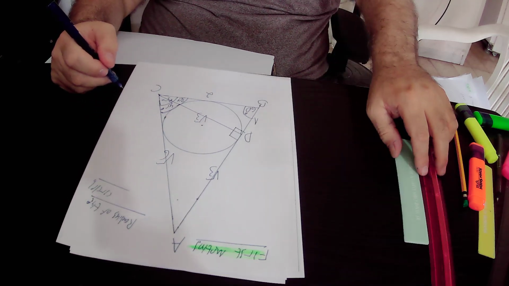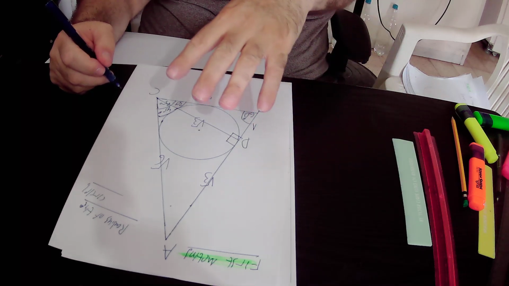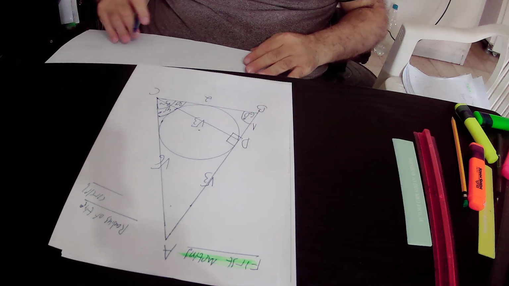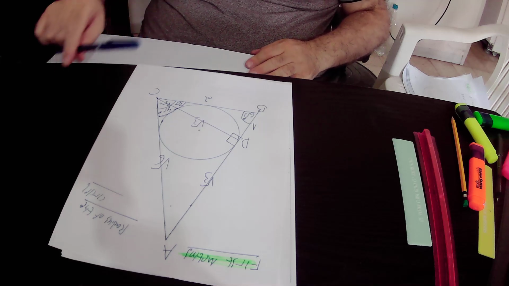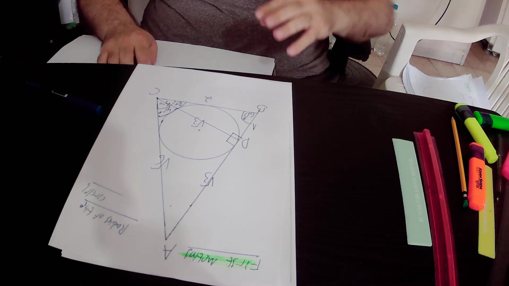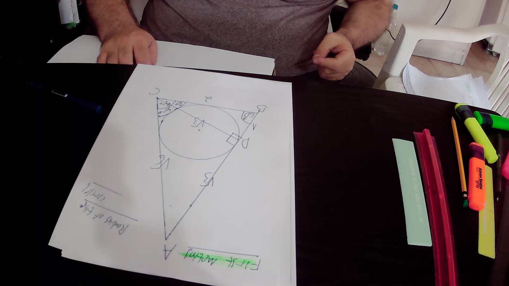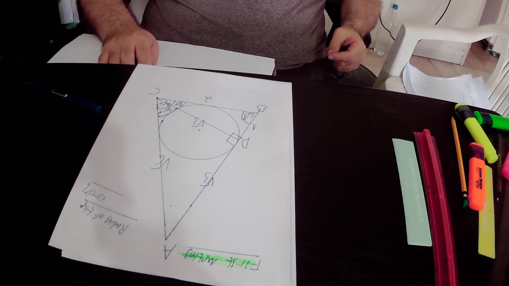So now we know the lengths of all the sides of triangle ABC, and actually we have a special formula for the radius of any circle that is described by a triangle.